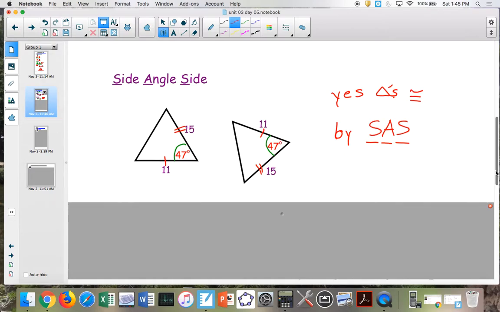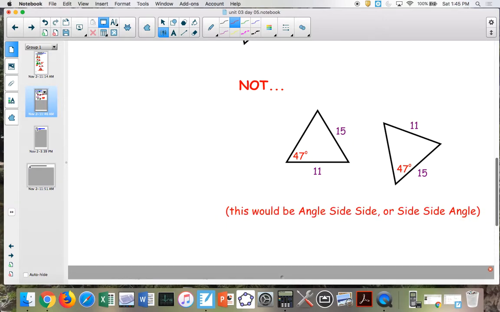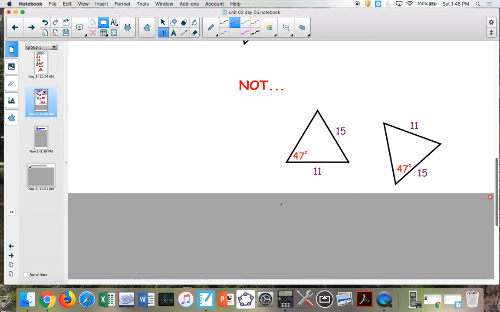The third type of way we can prove two triangles congruent. Actually, let me back up a little bit. Here's another example. We cannot say these two triangles are congruent. In this picture, I have 11, which matches up with the other side that's 11.